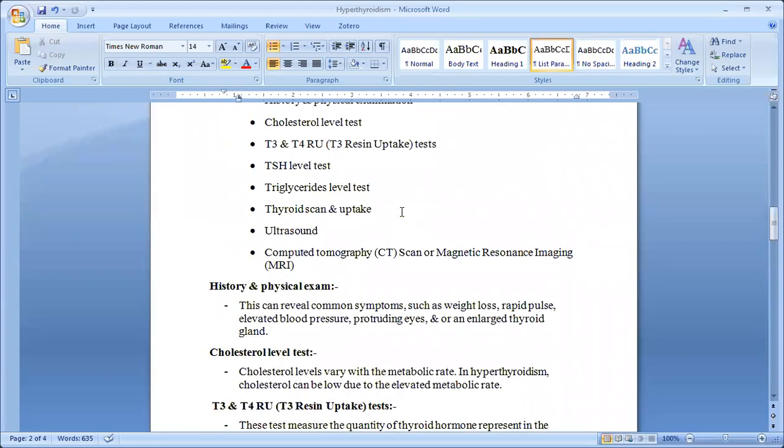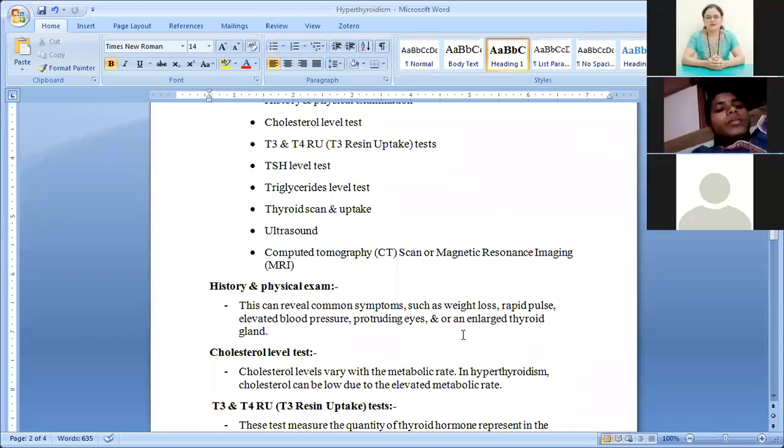See once again, history and physical examination. What will the doctor check here? When the individual goes to the hospital, what will the physician check? By seeing the patient, if weight loss is there, he doesn't conclude directly, as there can be other reasons, but it is one of the reasons.